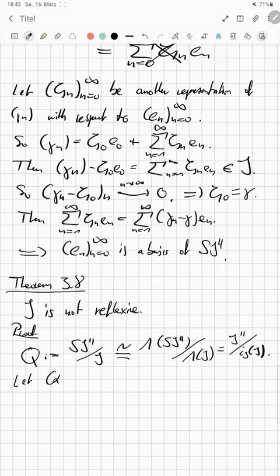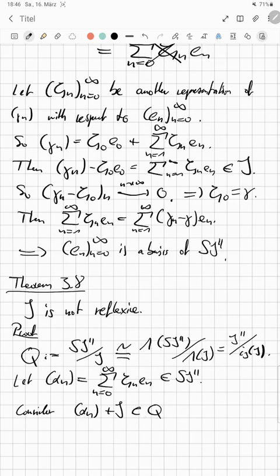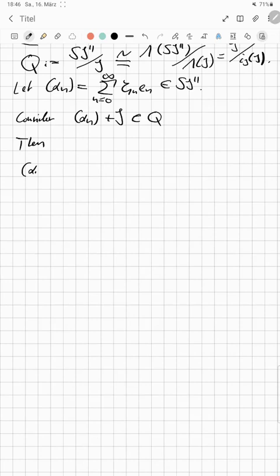And now we let alpha n, which has a representation of this form here, be an element of sj dash dash. And we consider the following element, alpha n plus j, from Q, and then alpha n plus j is the same as, well, just this representation plus j, and we can split this representation up.